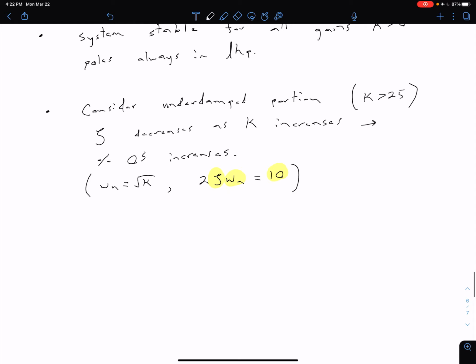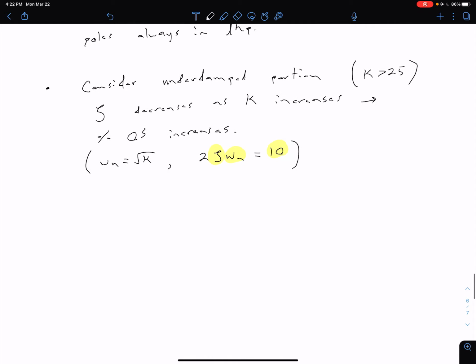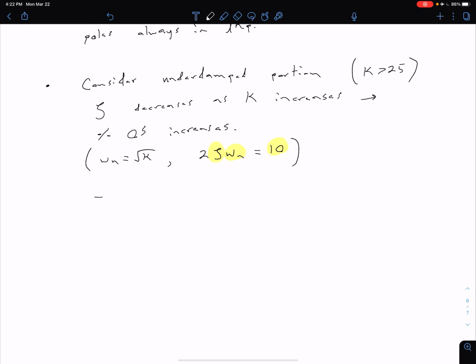So again, all of this information we're just getting from our plot relatively quickly. What we can see in a couple of other things based on the location of those poles is, because once they're underdamped, they have the same real part, as our k is increasing, we know that means we're going to have no change in our settling time.